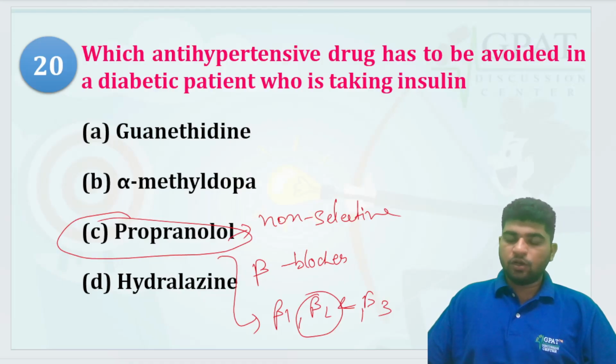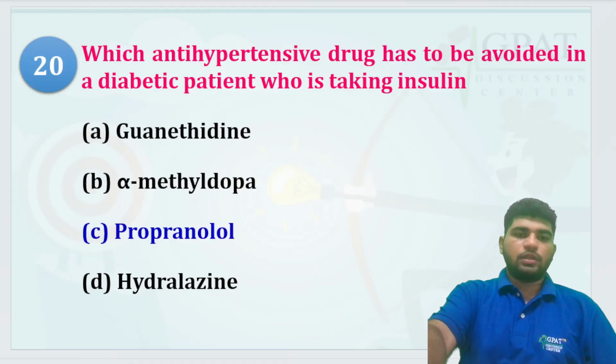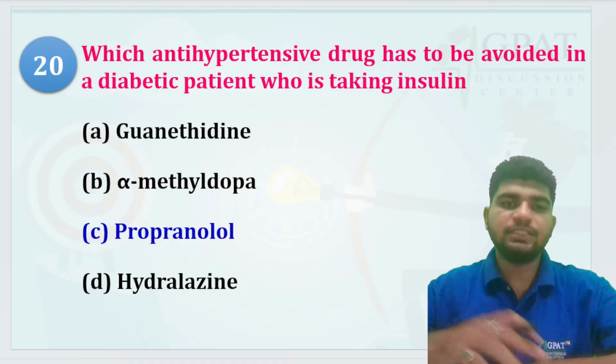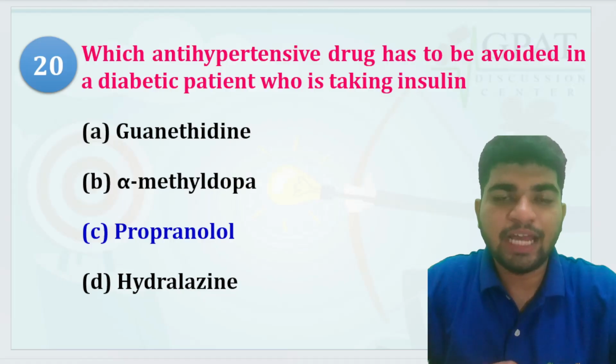However, because propranolol inhibits this beta 2 receptor, it will downregulate insulin secretion through the beta 2 receptor. So propranolol should be avoided in the case of diabetes. Yes, propranolol. These are the questions that we have discussed among the antihypertensive drugs.